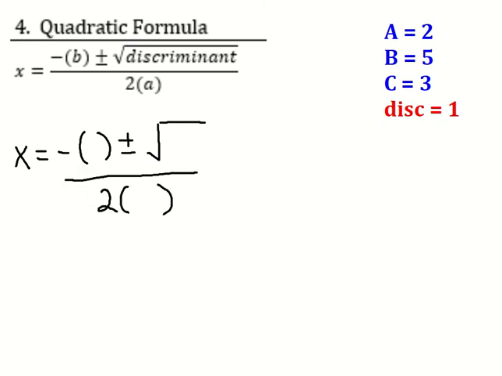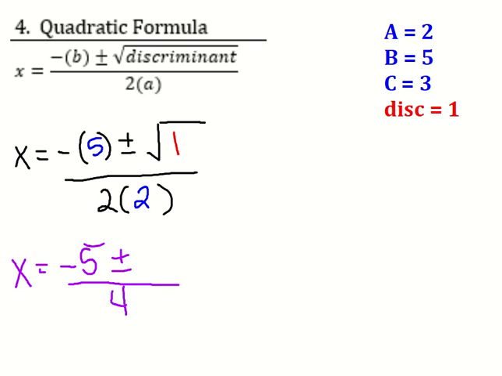Now I can start filling in that information of the last little bit that I need. So my b value is still 5. My a on the bottom was 2. And my discriminant was just 1. I can start to clean this up a little bit. x is equal to the opposite of +5, which is -5, plus and minus, which hasn't gone away yet, over 2 times 2, which is going to give me 4.